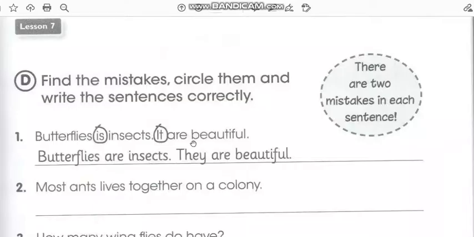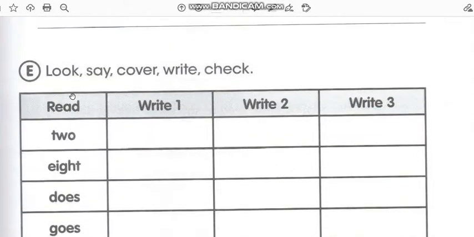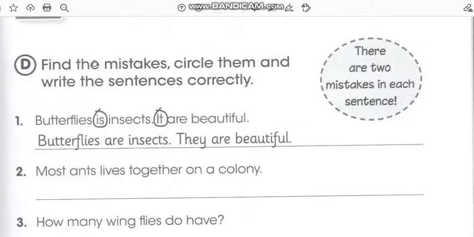Okay, now let's go to exercise D, page number 33. This is a very important exercise. Find the mistakes, circle them and write the sentences correctly. Before we start, be careful and revise the present simple tense and vocabulary so you can do it the right way.